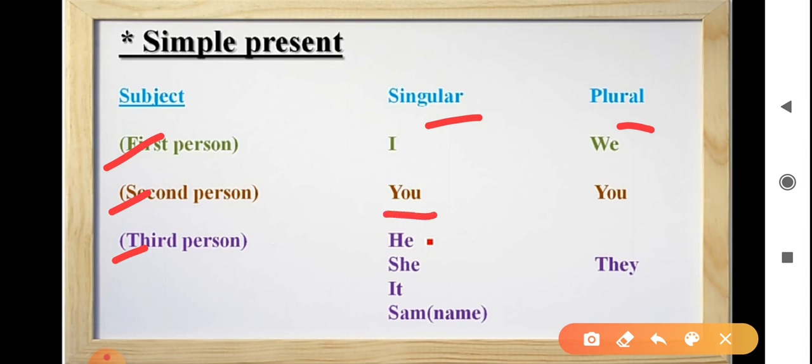You is second person and is counted as both singular and plural. He, she, it, and a singular name are counted as third person singular subject, and they is counted as third person plural subject.